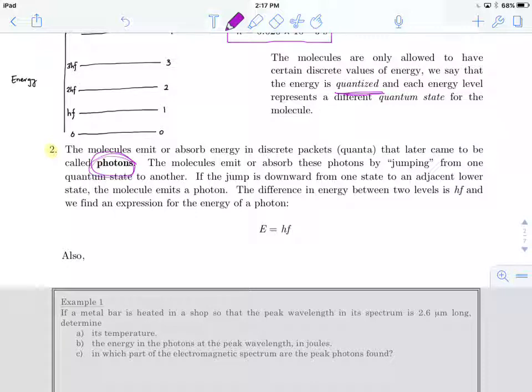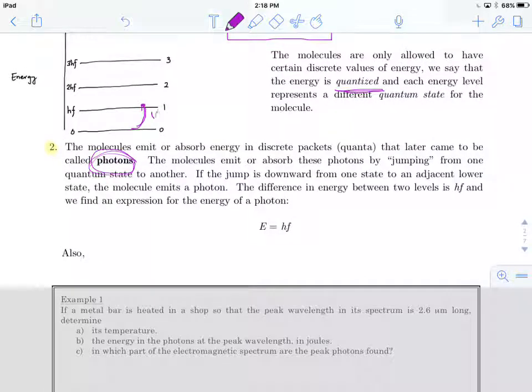The molecules either emit or absorb these photons by jumping from one level to another and then emitting some photon of that energy, okay? The difference in energy between two levels is always hf, and so that means that the energy of a photon is h times f. Okay.